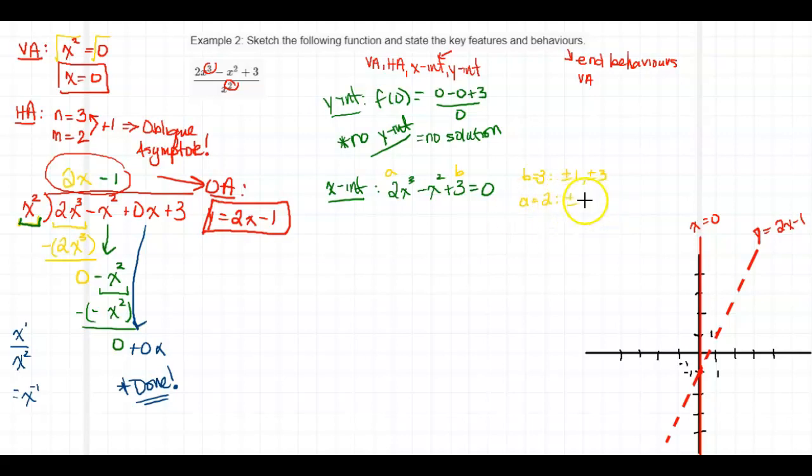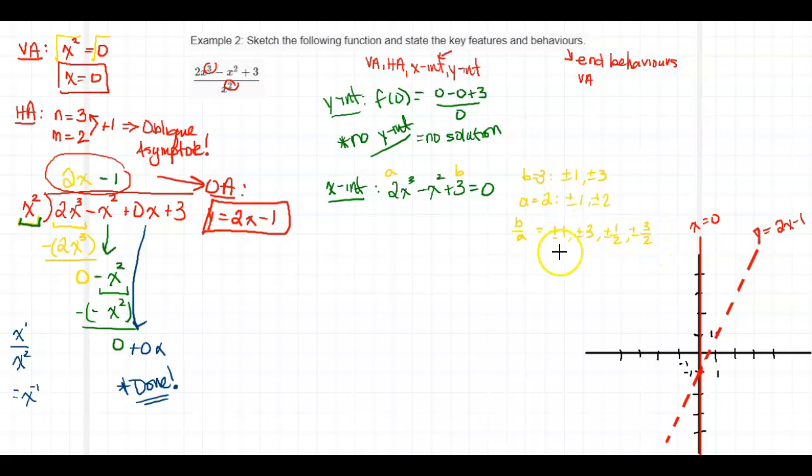Again, pretty easy here. We can use these two to figure out all our possible test values that we can plug in to make it equal to 0, and then use that to long divide. So 1 over 1, 3 over 1, 1 over 2, and 3 over 2.